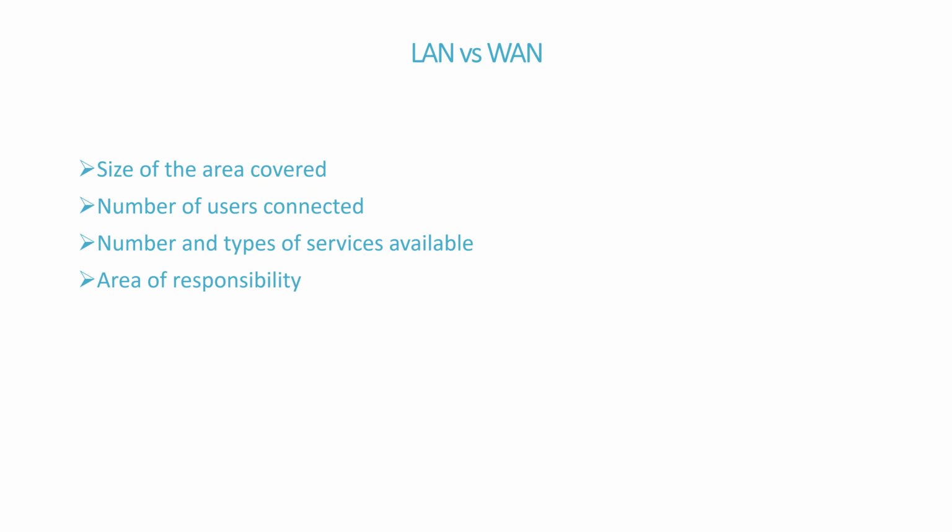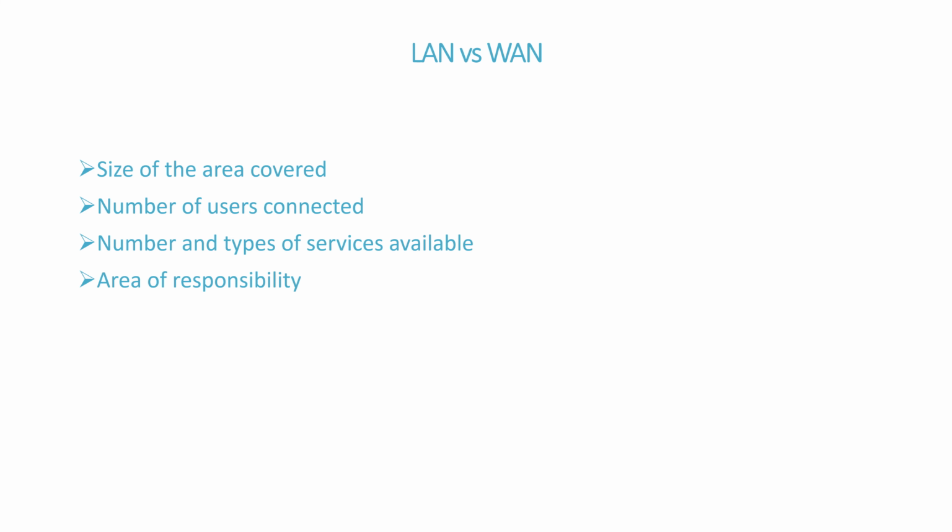Network infrastructure varies in many terms: the size of the area that will be covered, the number of users that must be connected in the network that you are trying to create and design, and the number and type of services available.